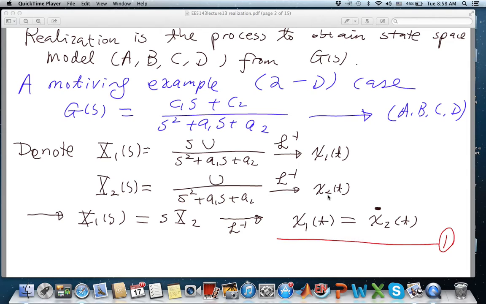This capital U represents the input of the system. So if we have such a definition, we can see that X1(s) is going to be s times X2(s). Meanwhile, by the definition of the Laplace transform, we know that s represents a differentiator. Then we can see that x1(t) is going to be x2 dot of t.